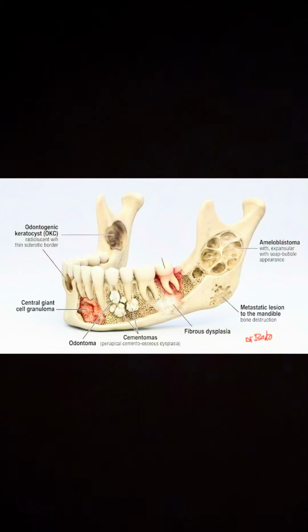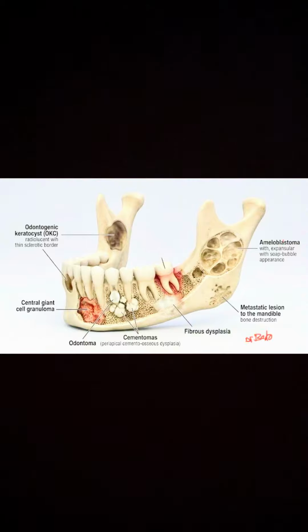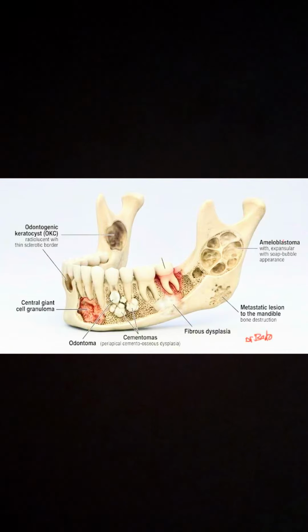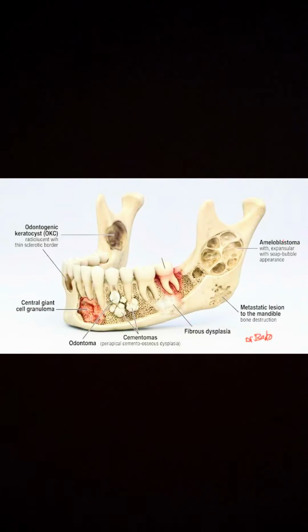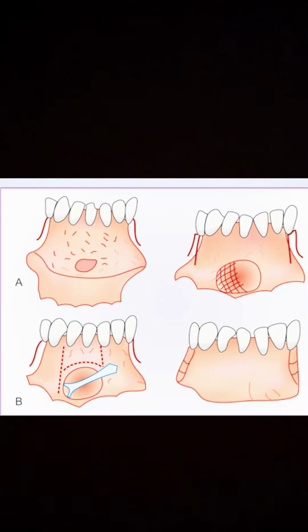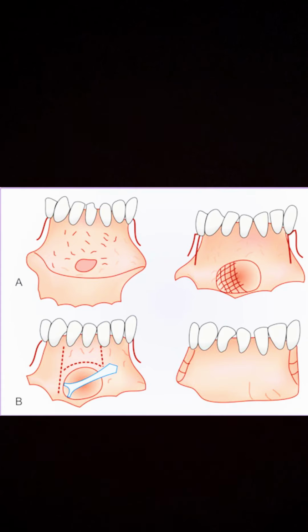Resection includes marginal resection, resection without continuity defect, segmental resection with continuity defect, and hemimandibulectomy. Enucleation is used in periapical cyst, dentigerous cyst, adenomatoid odontogenic tumor, and odontoma.